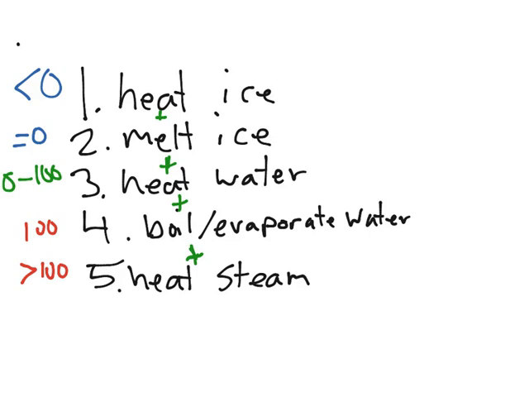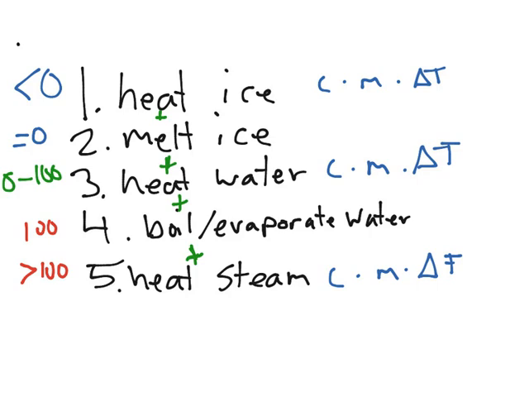For example, heating the ice is the specific heat of ice, C, times the mass times the change in temperature. Same thing with heating the water: C times mass times change in temperature. And with steam, it's C times mass times change in temperature.